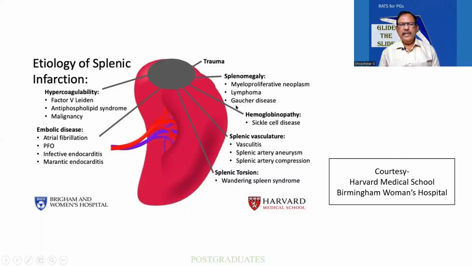Gaucher's disease. There can be a huge spleen, but I'm not finding cells like the Gaucher's cells. Hemoglobinopathy, sickle cell disease. Vasculitis or torsion can always be there. But in these conditions, there can be a total infarct in the torsion. So this I put up mainly for your list of diagnoses to support your theoretical knowledge.